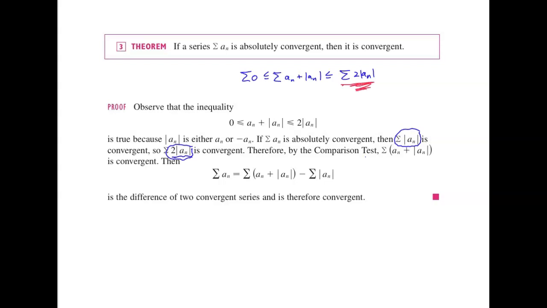If this is finite, and this is finite, then the sum between has to be finite, right? It's a comparison theorem, very similar to the squeeze theorem in Calc 1. All right. And so now we can do a little math to isolate sigma an.